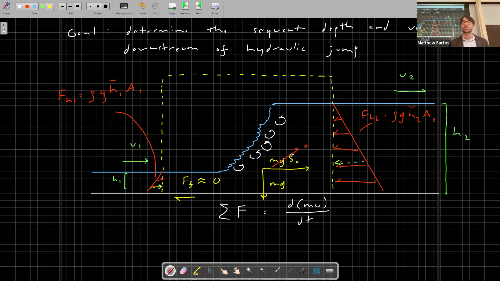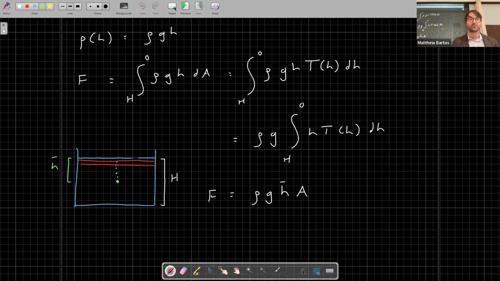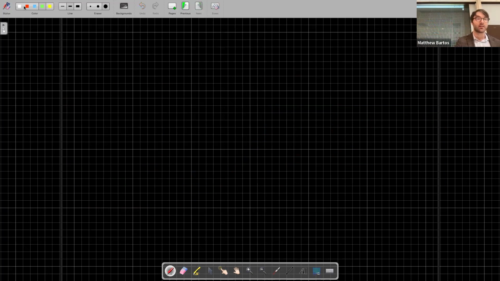All right, so let's go ahead and take a closer look at our force balance. We have that the sum of forces is equal to the time rate of change of momentum. As I mentioned, this rate of change of momentum is not going to be equal to 0 because the sum of forces is not equal to 0.